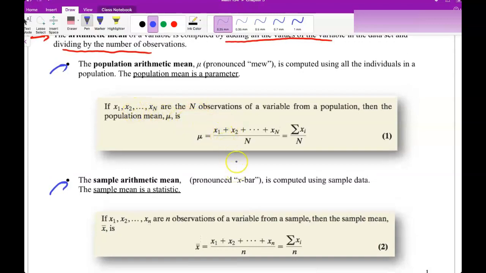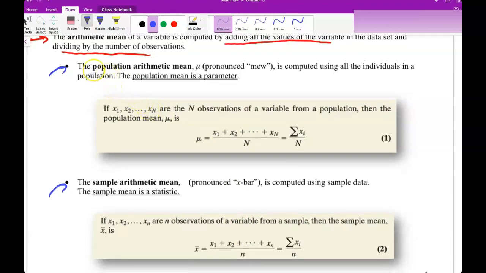The formula is exactly the same, but on your problems, make sure that for a sample you choose x bar and for a population mu.